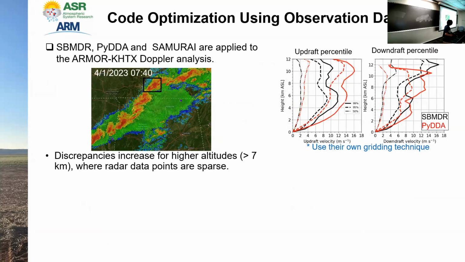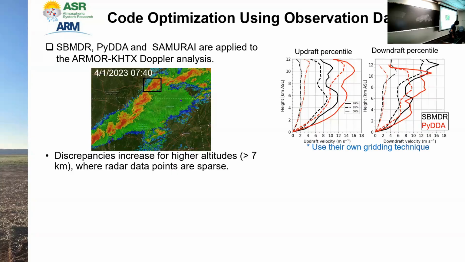I picked one mesoscale convective case observed in northern Alabama, and then I applied our code, PyDDA, and SAMURAI to the same case and estimated the vertical velocity. The right figure shows the vertical profiles of the percentiles of updraft on the left hand side and downdraft on the right hand side.